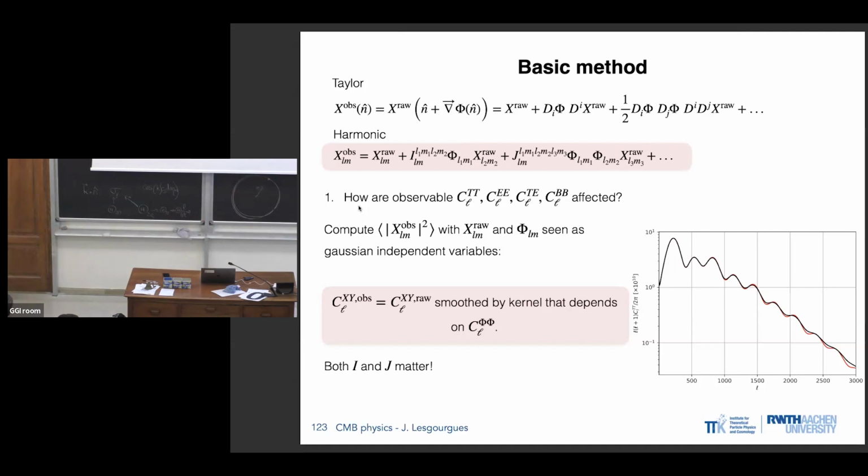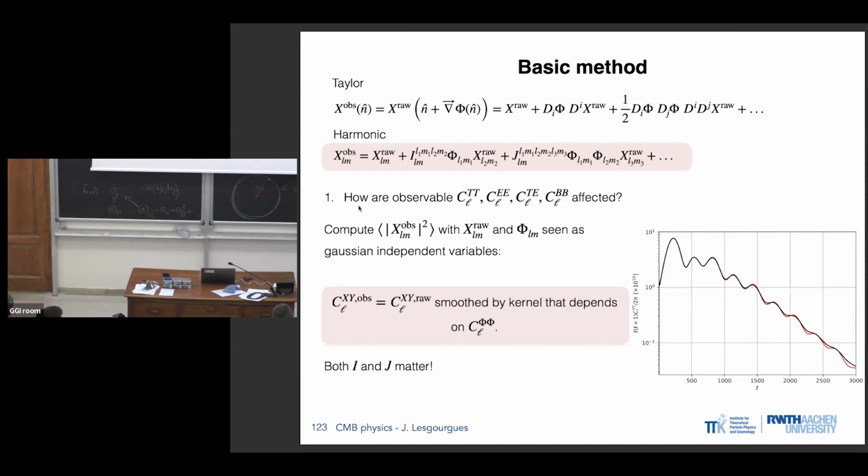So when you do this, you see that you need to keep the second-order term, because if I compute an X_lm correlated with another X_lm, I will get first a term with two unlensed X, and this will be my unlensed spectrum. Then I will get a term with one φ and two unlensed X. But when I take the average of φ times X, I will realize that because these variables are uncorrelated, I can decompose it in this way.